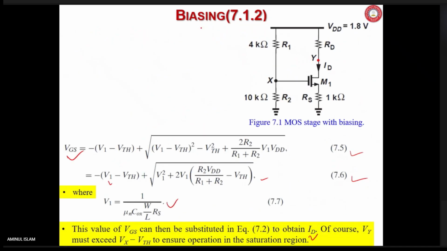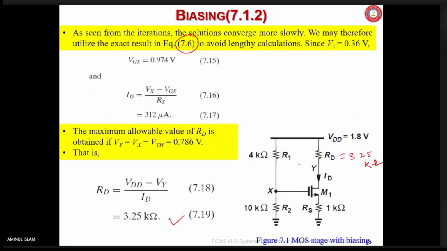This equation you can use to get the exact value quickly. Anyway, the solution of this problem, the maximum allowable value of RD so that device M1 remains in saturation region, is obtained to be 3.25 kilo ohm.